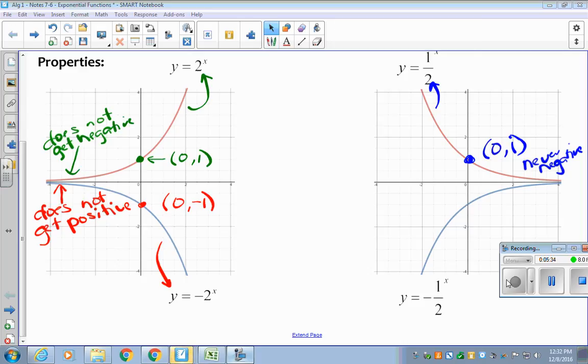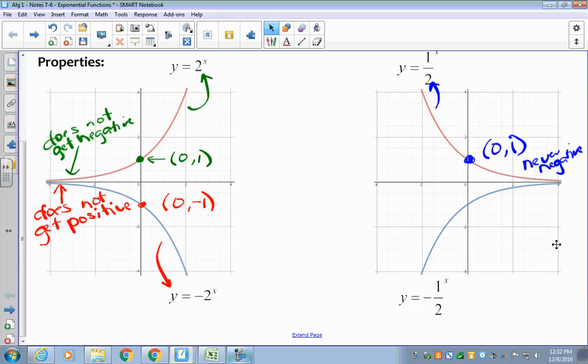And then the one that is the negative version of that, you have negative 1/2 to the x power. We take our y-intercept and we change the sign to get this one down here. And it is never positive.